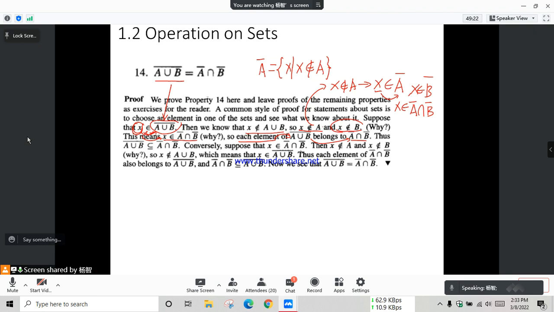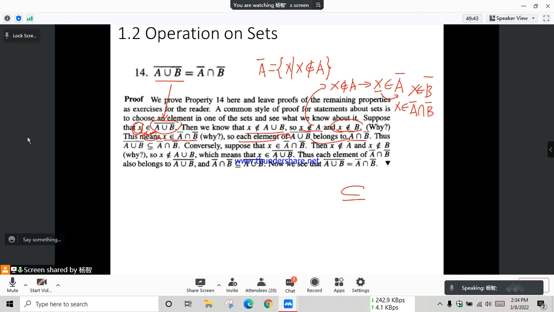And if an element, okay, we have learned about the contained within. Do you remember this symbol? It means contained within. How do we define this symbol?